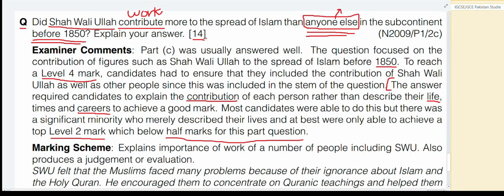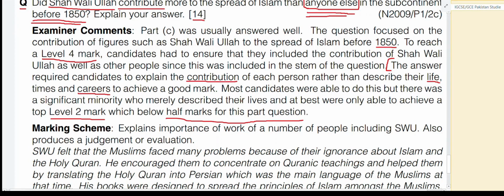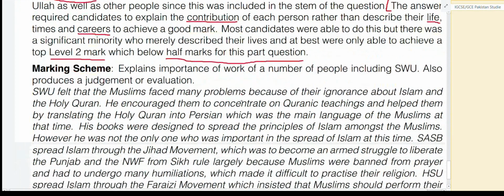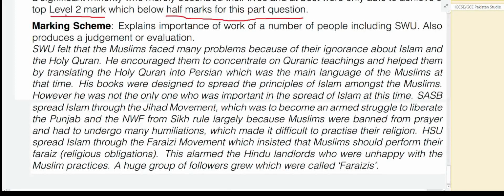That's a very poor result for this question, right? So you have to write about the contribution, not about the lives, the careers, the background, when was he born and all that, right? That is irrelevant here.